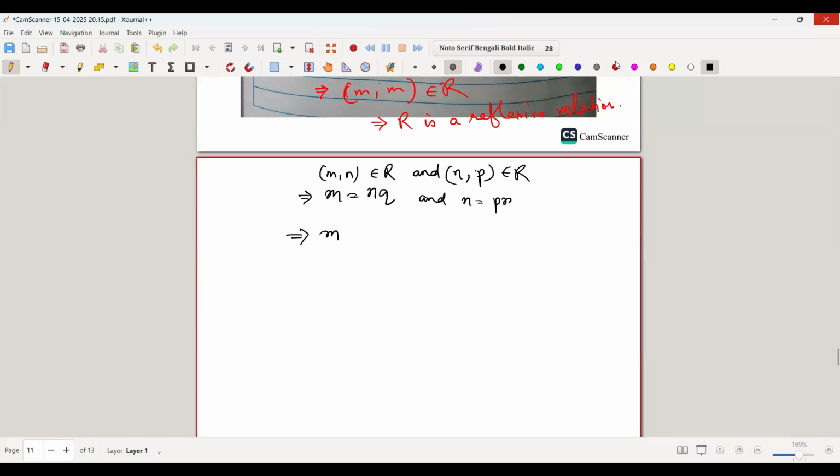That implies m equal to prq, and this is p. So that implies m equals rq into p. So that means (m, p) belongs to R, and that implies R is a transitive relation.